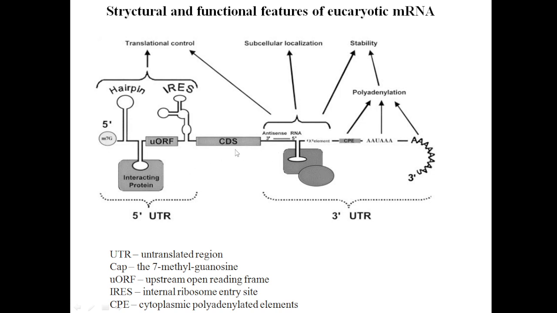It has a coding part and an untranslated 3' end, a polyadenyl tail, plus factors which provide stability, and further information about different variants of participation of the polypeptide chain in different parts of the cell space.